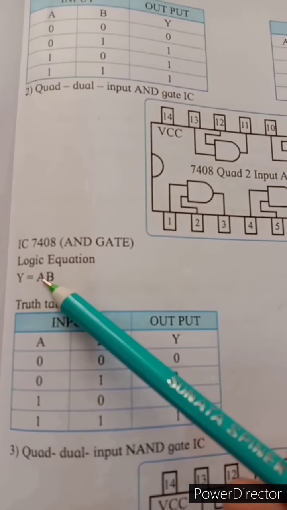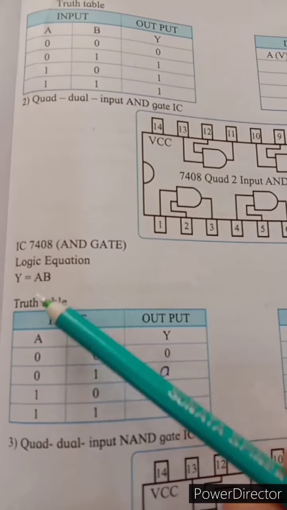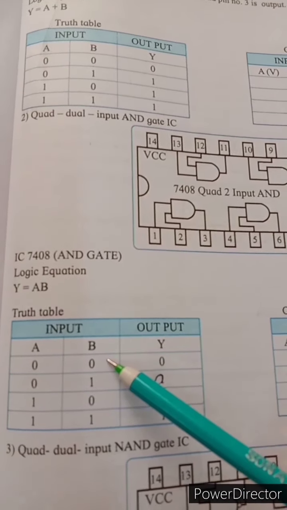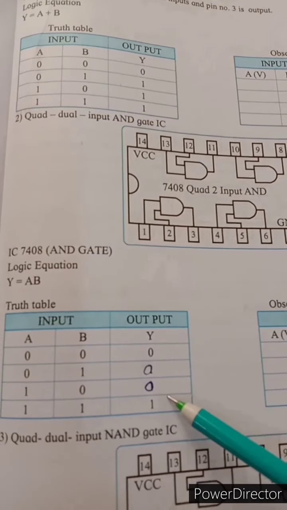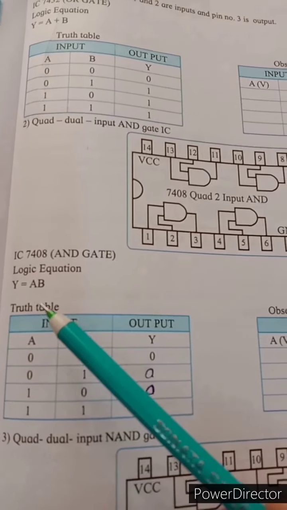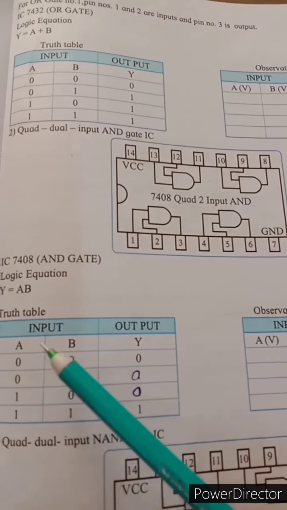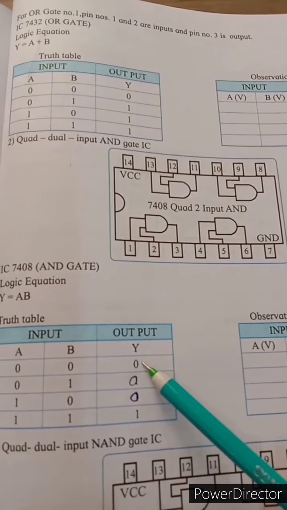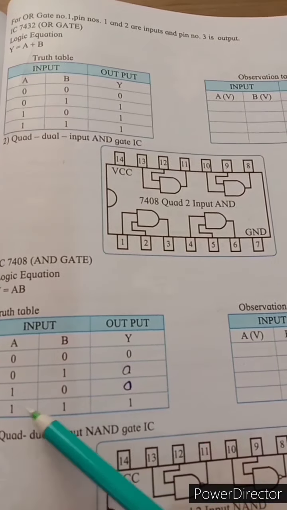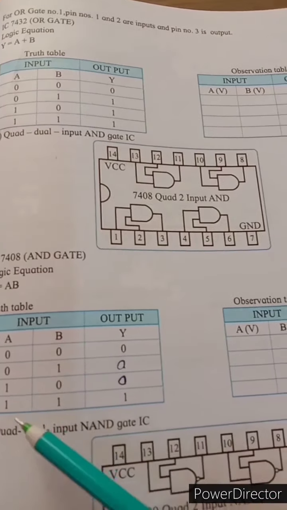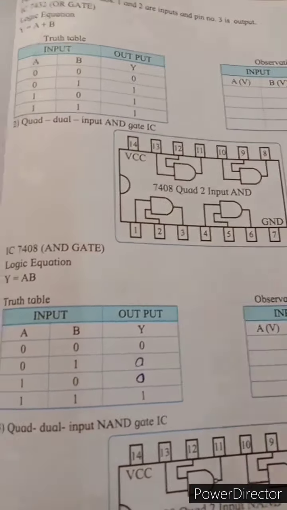When output is equal to A dot B, it shows that whenever any one of the inputs is low, the output is low, and only when both or all the inputs are high is the output high. Therefore for 0 0 output is low, 0 1 output is low, 1 0 output is low. When both inputs are high, then output is high.